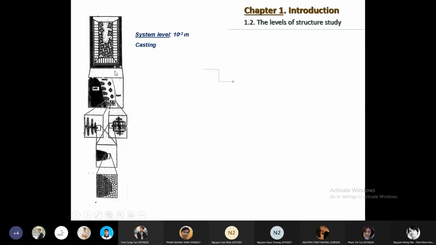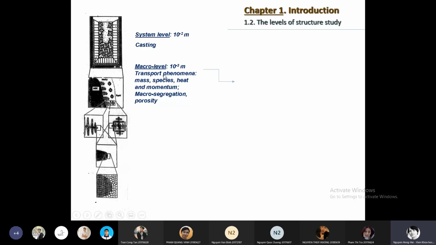Okay. If you magnify this part, you can have this. It is a macro level. It is a system level, and you have the macro level in about the millimeter range.